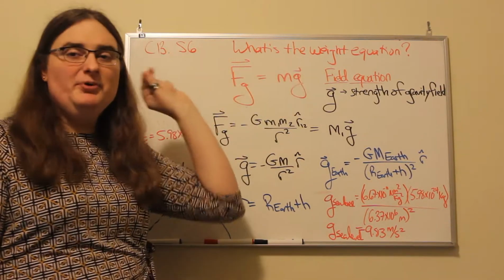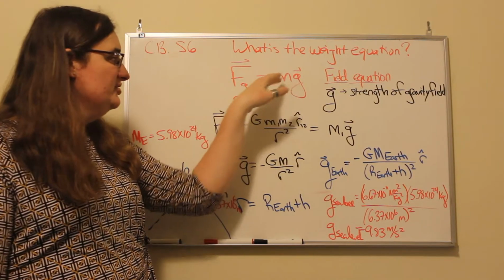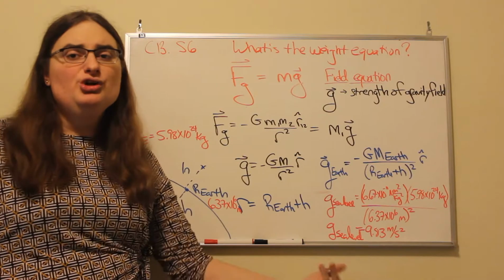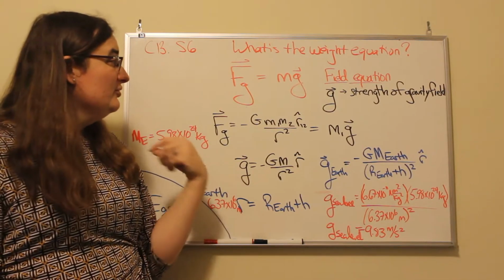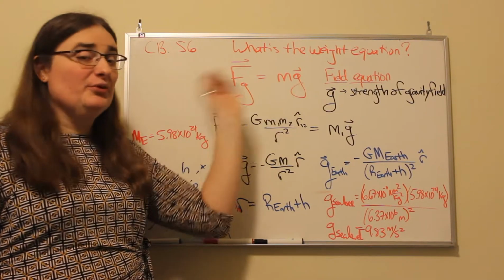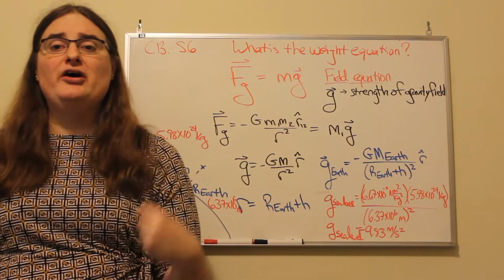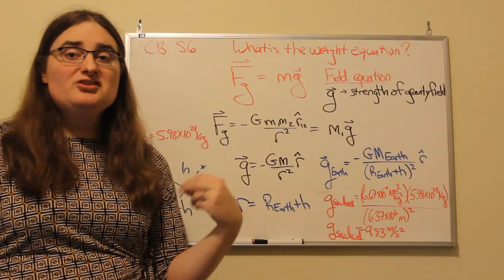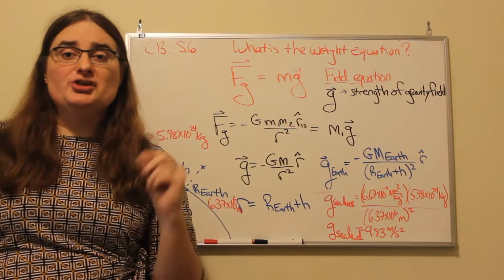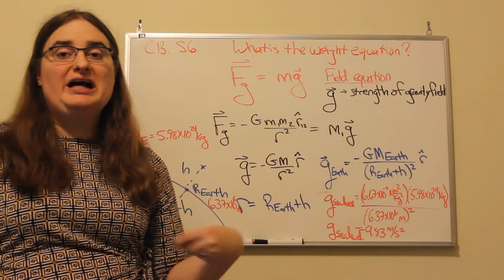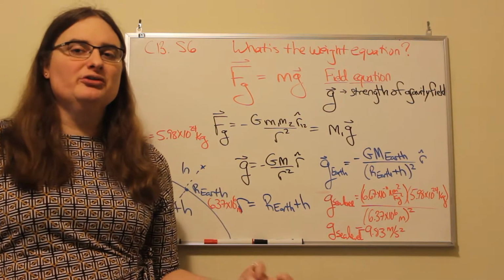Only usually I didn't put an arrow over g, I just had g without the arrow, and I said the direction was the minus y direction, straight down. Well, what we're really dealing with in this equation is our first example of what we in physics call a field equation. And all of the fundamental forces of physics can be understood through the concept of a field.